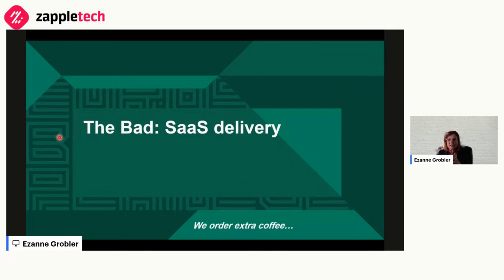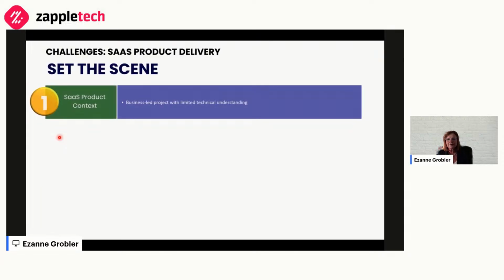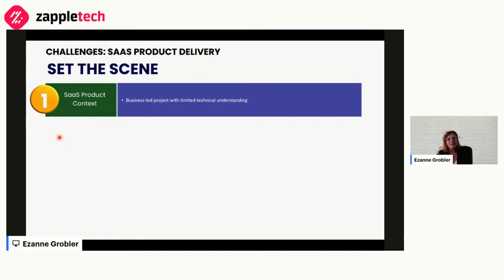Now, so often we sit in situations where we do a software development lifecycle type of project, and we are the testing vendor from that perspective. But software as a service was quite a unique delivery program for us as well. So again, I start off with setting the scene.